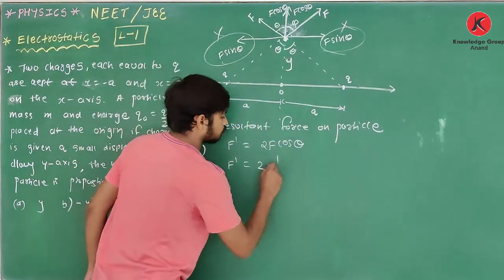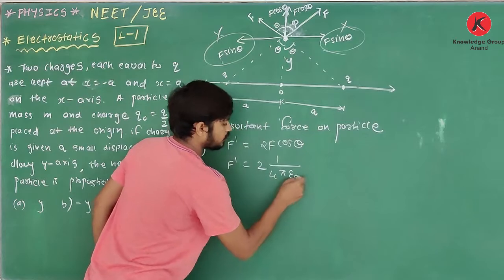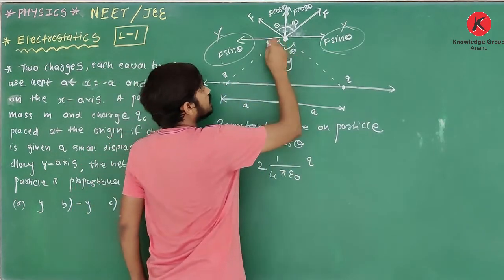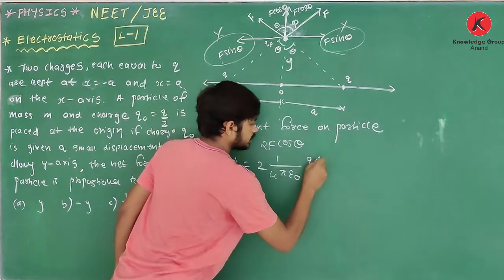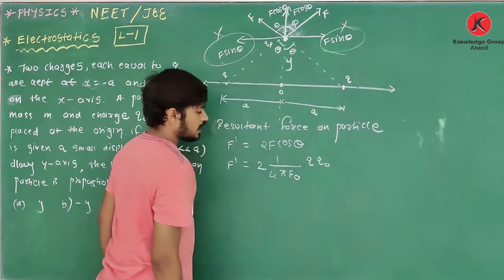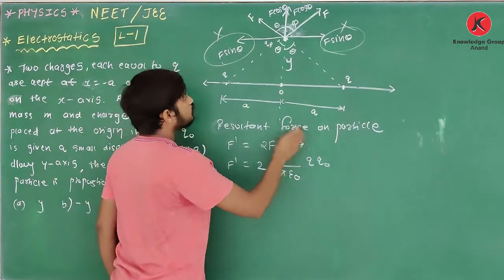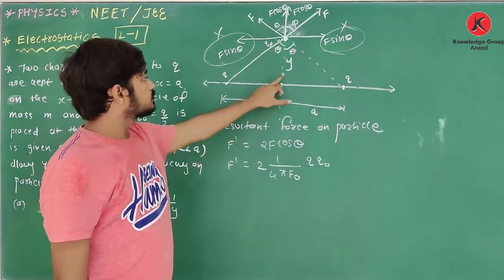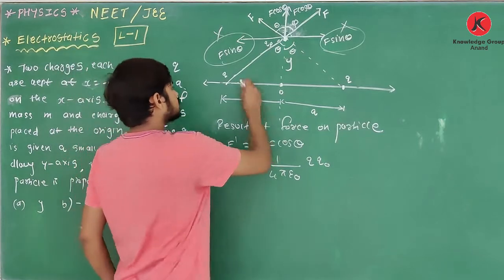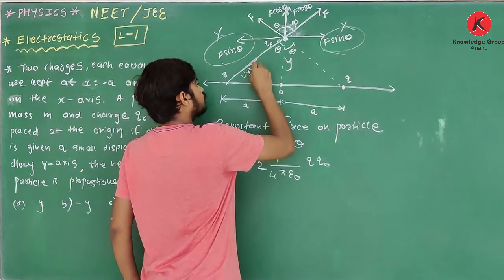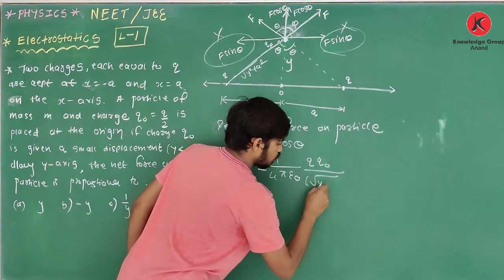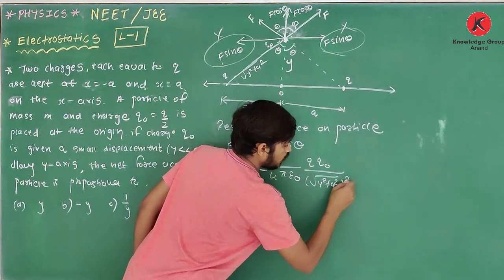What is the equation of force? It is 1 upon 4 pi epsilon 0. The charge of this particle is Q and here the charge is Q0, so 1 upon 4 pi epsilon 0 times Q Q0. What is this distance? It is a and y, so it is obviously the square root of y squared plus a squared, and then whole squared.